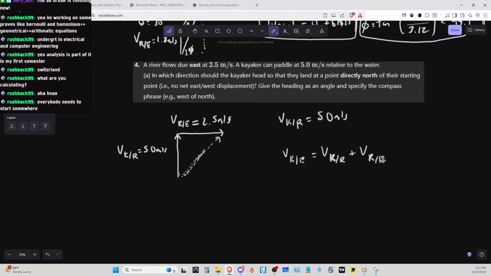I mean, probably do it this way as well. Give it a better visual here, because we want to basically be at our starting point and arrive back at north. So it's not about crossing the river, it's just basically moving upstream.